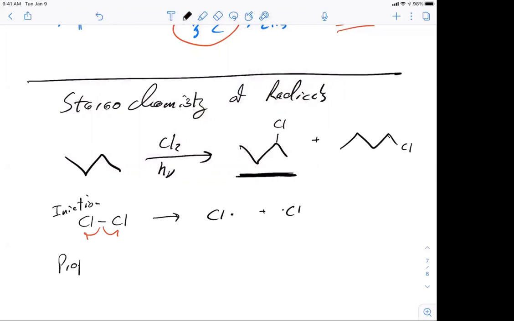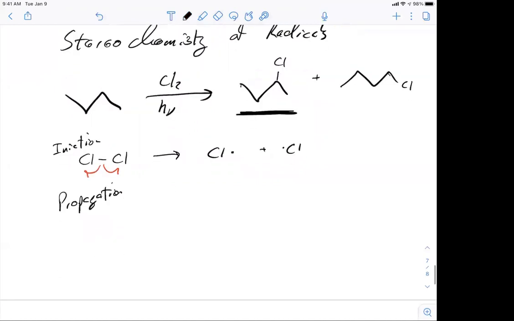Then we go to propagation. Here we have the chlorine radical will react with the secondary in this case. So we get a hydrogen abstraction.